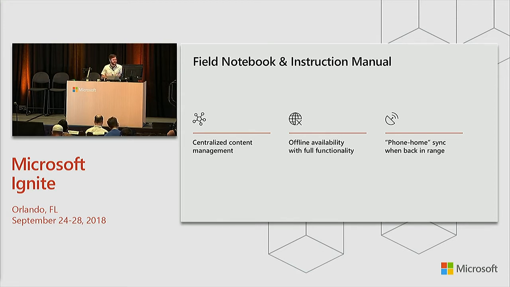So you can realize that it's a centralized content management strategy where the couple of folks who are in that content space push that information into the notebook, and then when that gentleman or woman finds themselves in the middle of nowhere in Montana, doing that maintenance on the track, they have full offline functionality. So they can review all of the great things. They can embed the videos. You can embed pictures. So they can see exactly what they need to do when they're doing it.